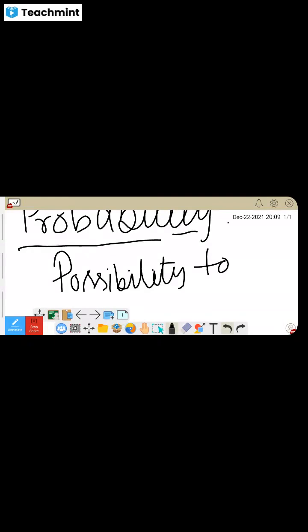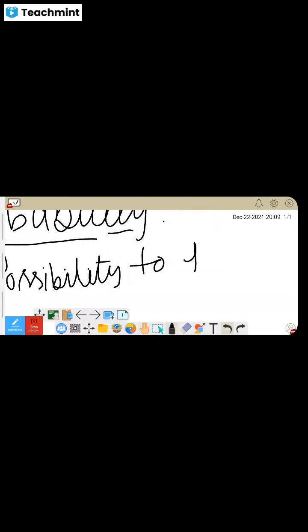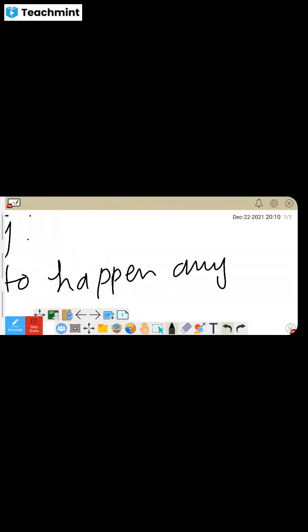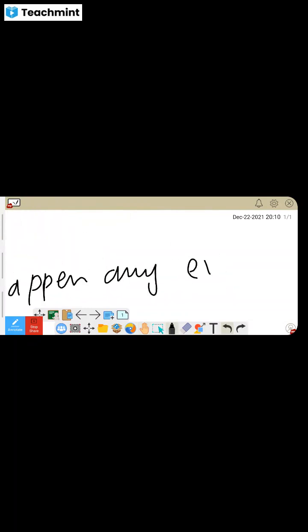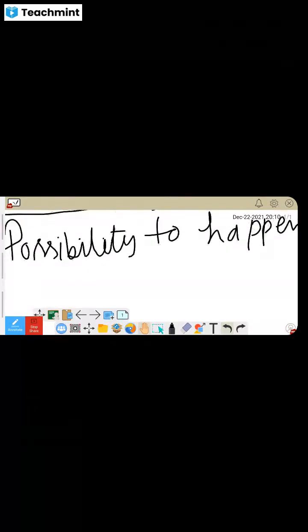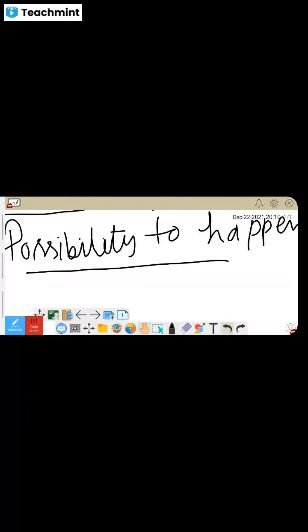Possibility of any event happening. Let us understand the event. What is an event?